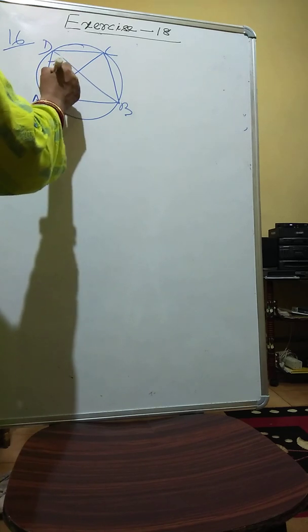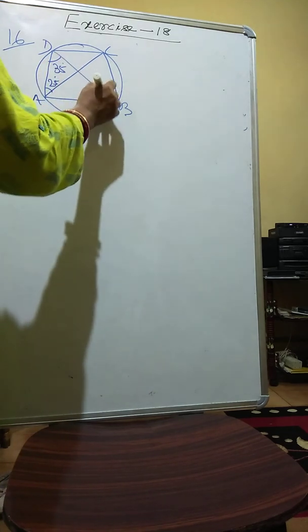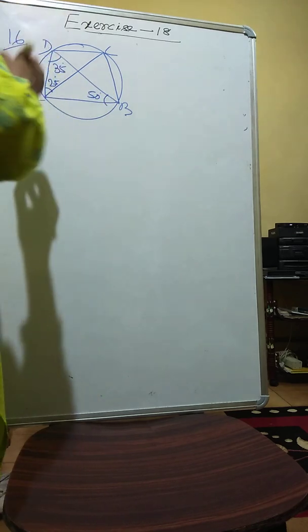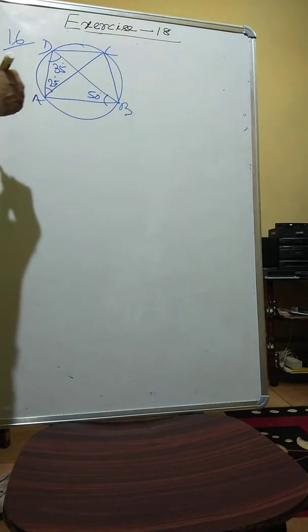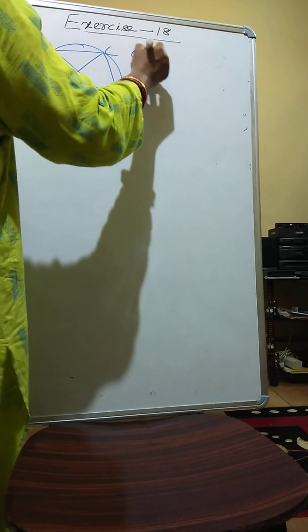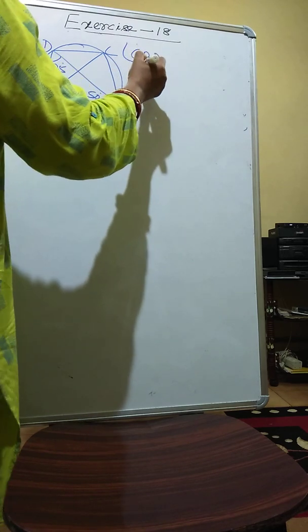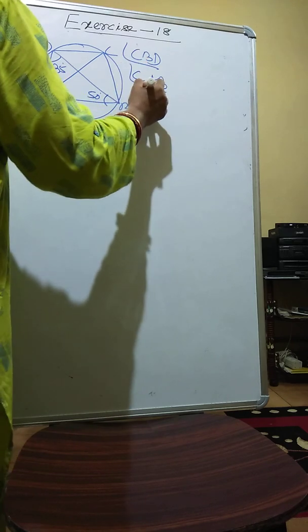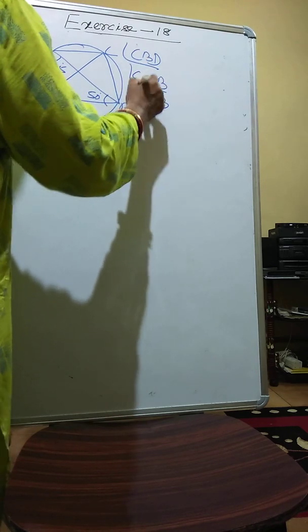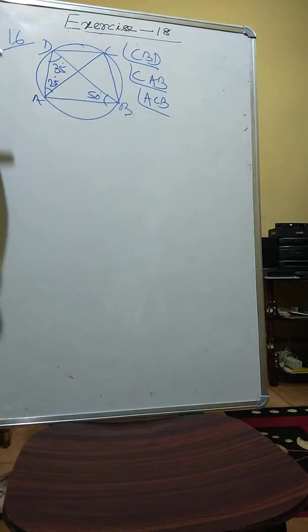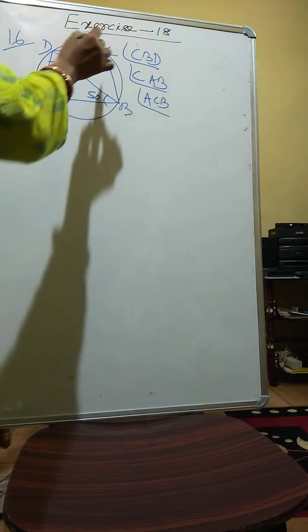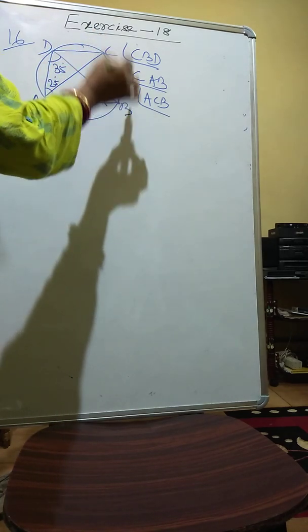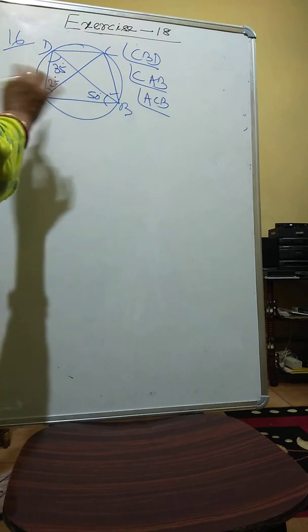This is 25. This is 50 degrees. We have to find out angle CBD, angle CAB, angle ACB.